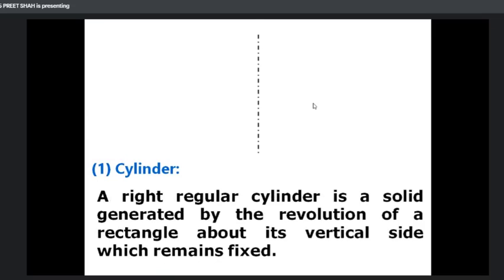Now this is the axis here. I want to develop the cylinder. How will I develop it? First of all I draw the axis, then I draw one rectangle face.